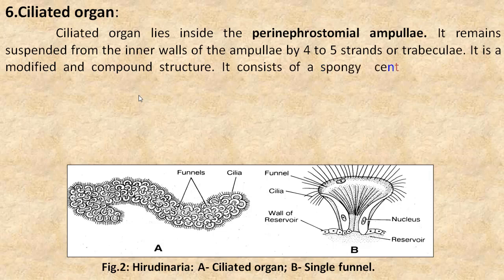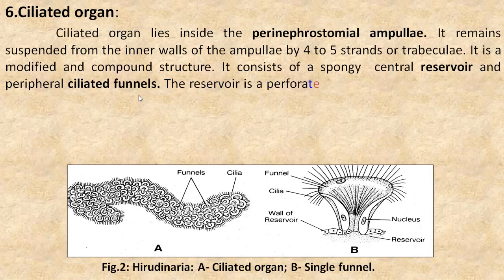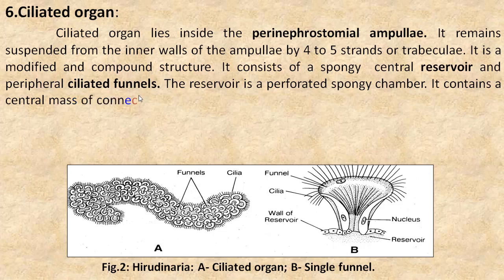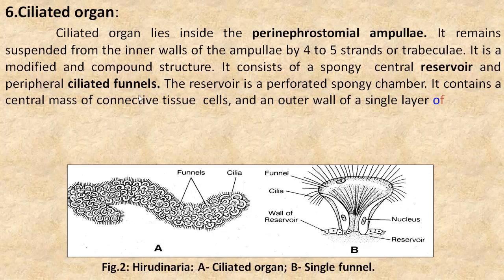It consists of a spongy central reservoir and peripheral ciliated funnels. The reservoir is a perforated spongy chamber. It contains a central mass of connective tissue cells and an outer wall of a single layer of cells. The wall contains numerous pores.